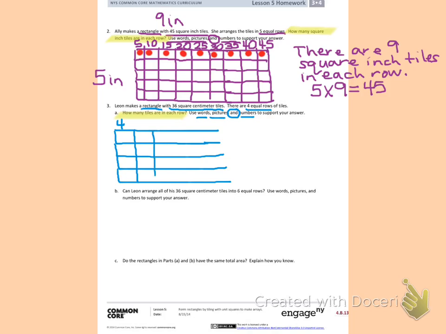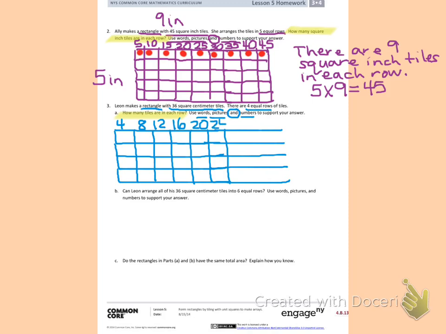4, 8, 12, 16, 20, extend those lines, 24, 28, 32, 36.